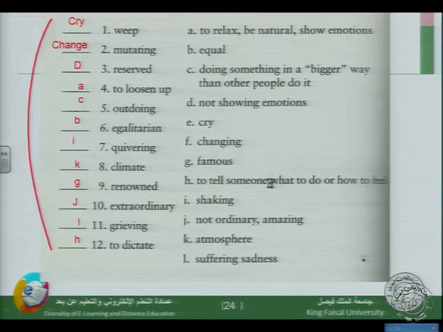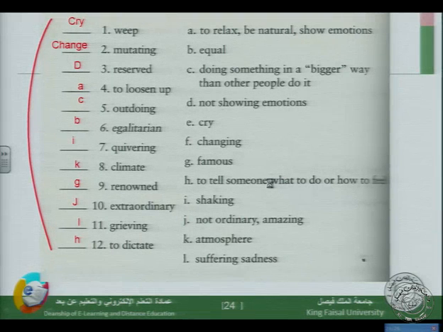For these vocabularies also, I have decided: weep means cry, mutilating means change, reserved means not showing emotion, to loosen up means to relax, outdoing means to do something in a bigger way than other people do it, egalitarian means equal.